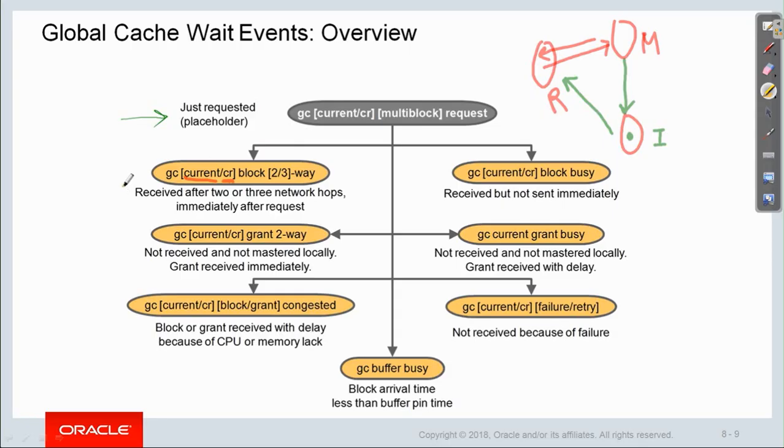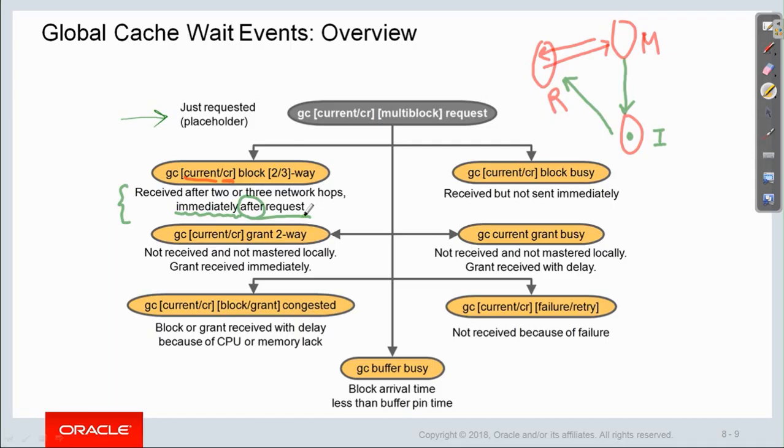Now, when you look at the description here, the block requested is received after working with two or three instances, and this is the keyword, immediately after the request. So I requested the resource and was able to receive it immediately, just like a disk I/O wait, and this wait event is normal in a RAC environment.